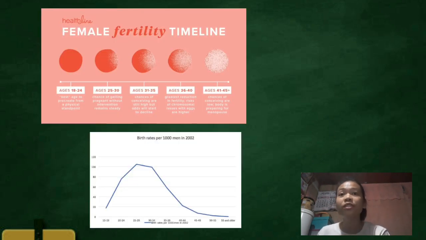They can still produce sperm throughout their lives, but it becomes less fertile, so they also experience a decline in fertility.